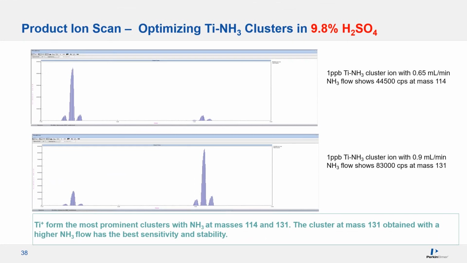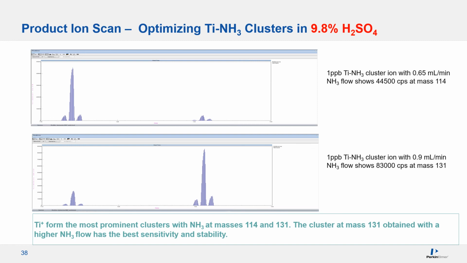The product ion scan can also help in conditions optimization for titanium clusters with the addition of pure ammonia. In this example, we spiked 9.8% sulfuric acid with 1 part per billion of titanium, and 2 ammonia flows were then examined. With the first flow of 0.65 milliliters per minute, the cluster at mass 114 was much higher than the cluster at 131.